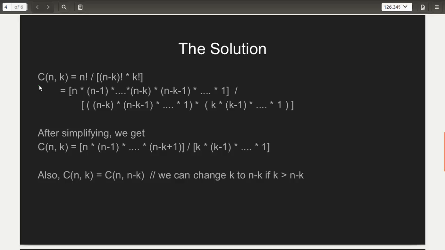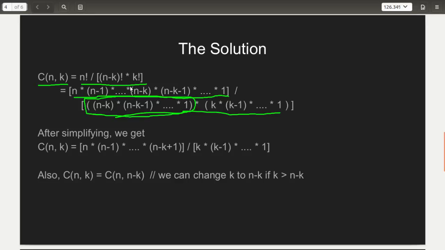So we just saw that C(n, k) can be given by this expression, n factorial upon (n minus k) factorial into k factorial, and when we expand this expression we get these terms in the numerator and these terms in the denominator. If you look closely, you see that the left part of the numerator is also present in the denominator.